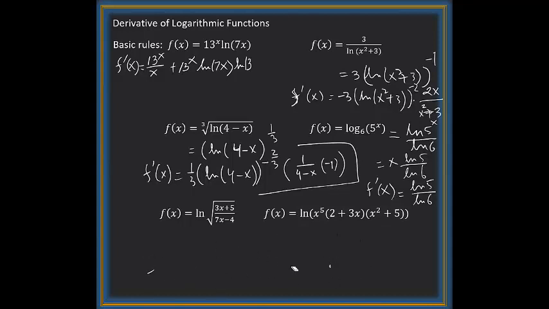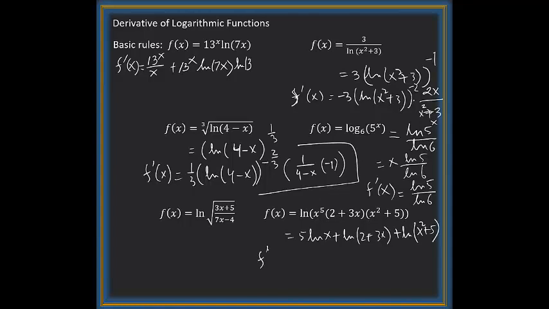Okay. So in my next example, I'll be using logarithmic properties. Using the properties of logarithm, I'm getting 5 in front, natural log of x, plus natural log of 2 plus 3x, plus natural log of x squared plus 5.